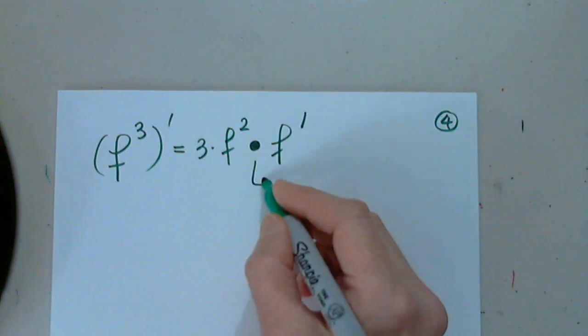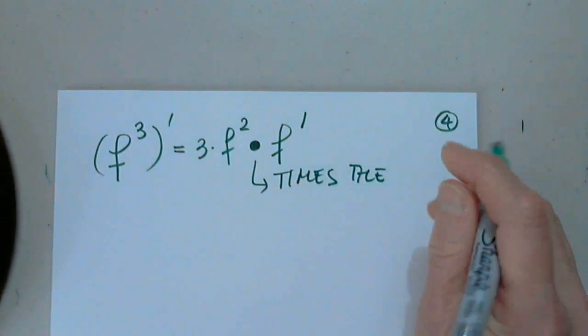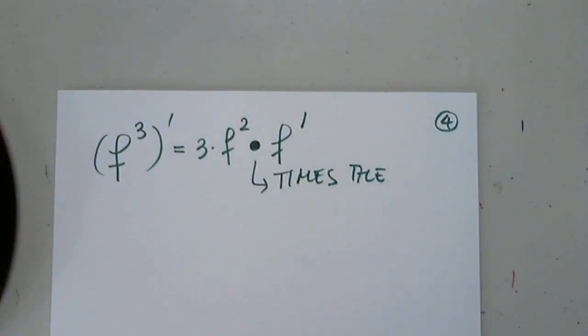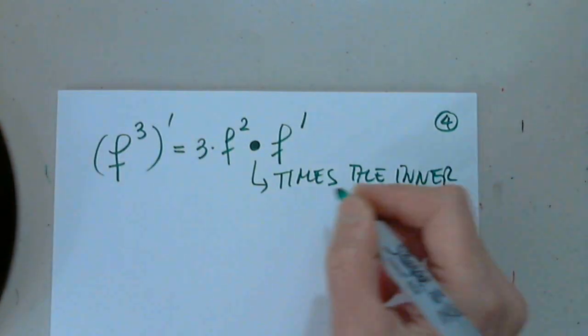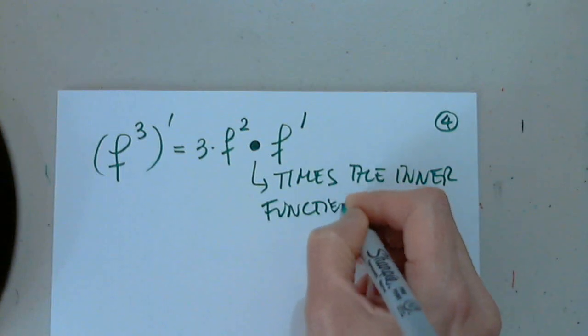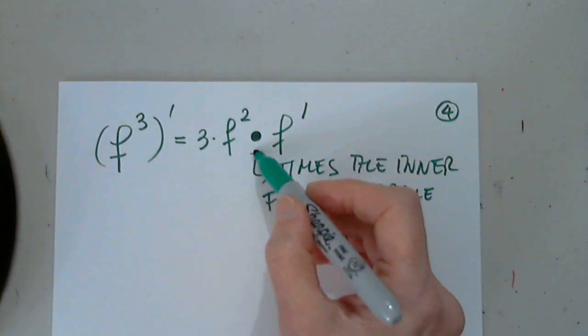Thank you so much. Please remember, times the inner function prime. Write it on a piece of paper and tape it to your computer. Please do not ever forget this.